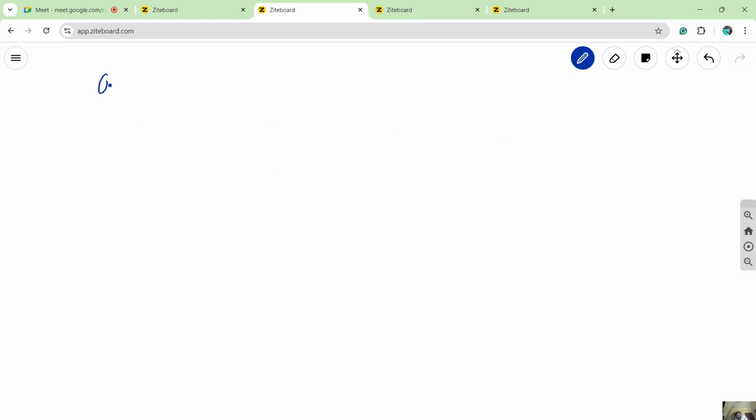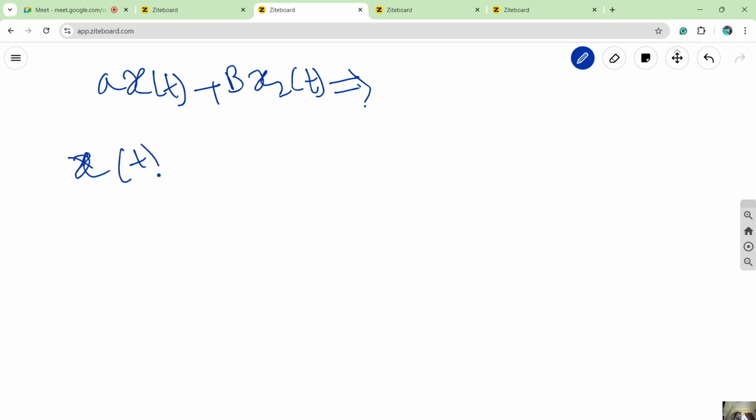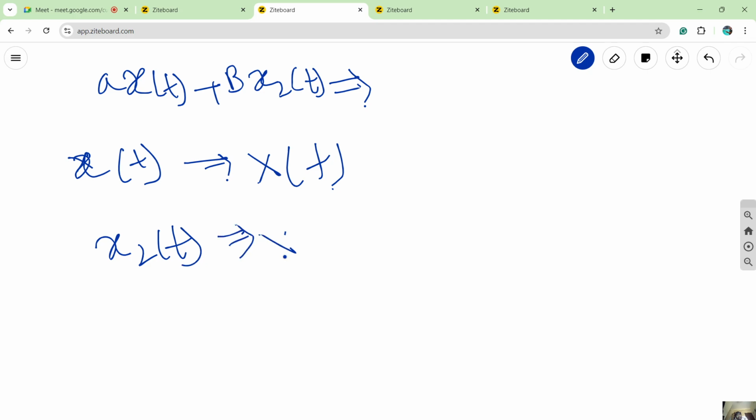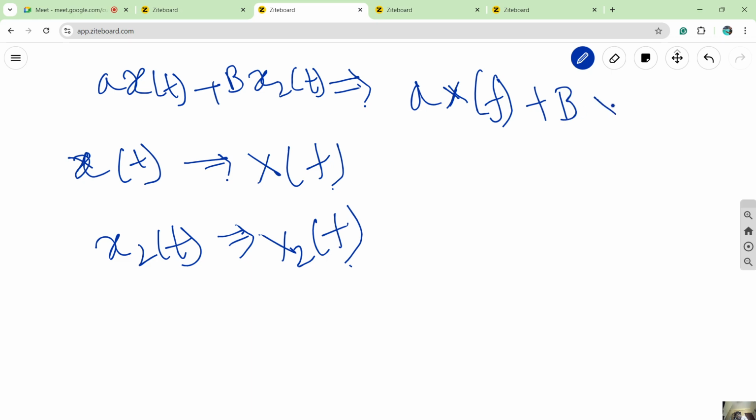That is, suppose we have a signal a x1(t) plus b x2(t). If x1(t) has a Fourier transformation of X1(f) and x2(t) has a Fourier transformation of X2(f), then we can write it as a X1(f) plus b X2(f).